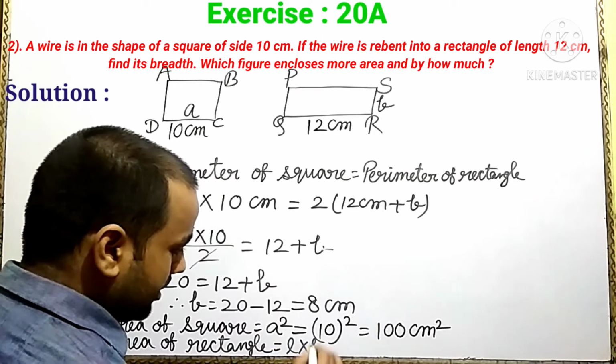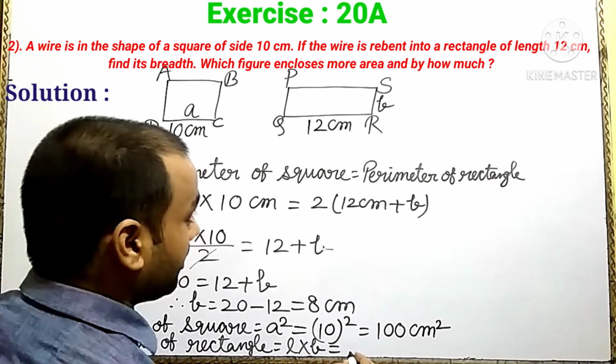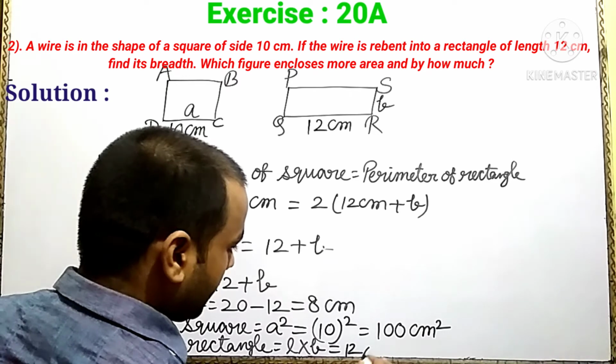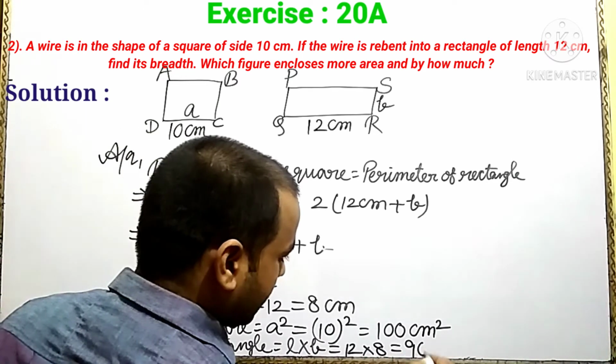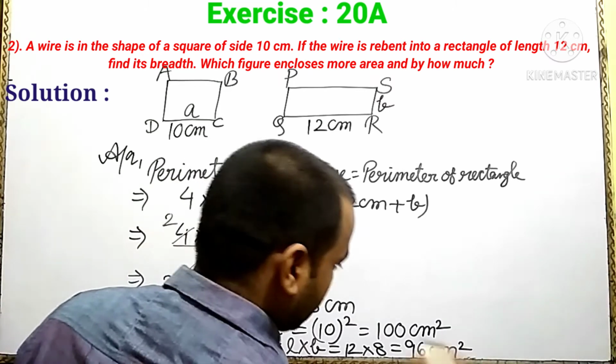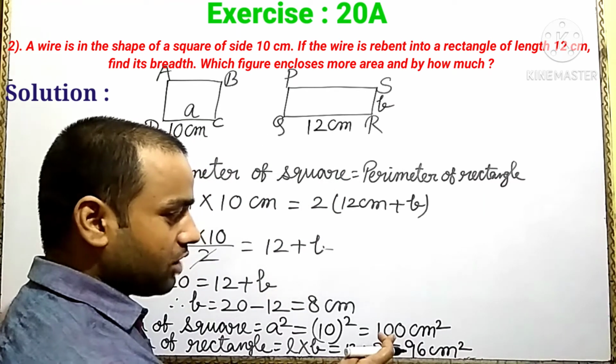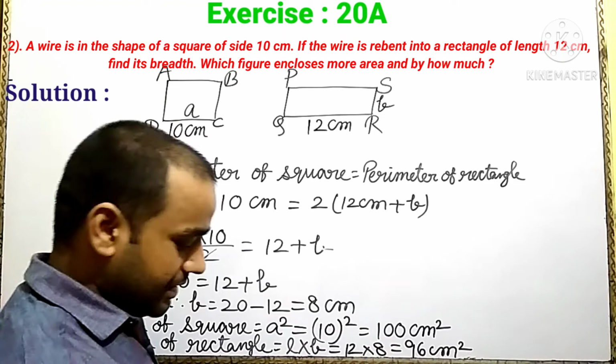Area of rectangle is L into B, means length into breadth. Here length given is 12 centimeter into breadth found here 8. 12 into 8 is 96 square centimeter. So 100 and 96, which is more? So 100 is greater than 96.